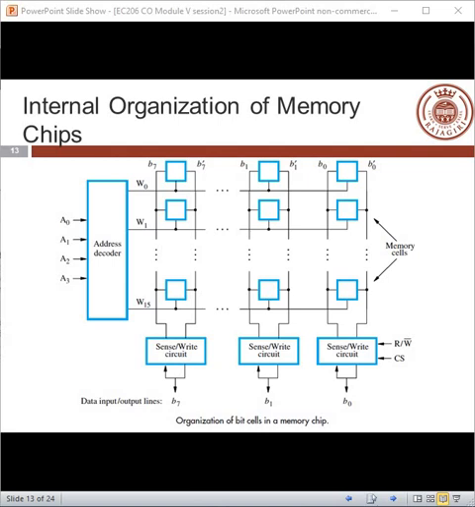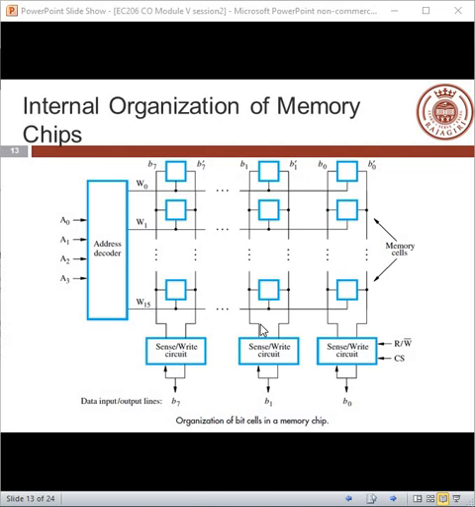Now, each of the square boxes indicates 1 bit storage. That 1 bit storage can store either a bit or its complement, indicated as B or B complement, that is B0 or B0 complement.